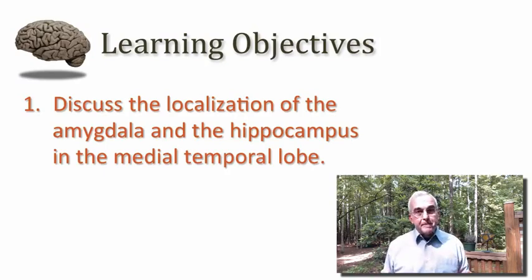So as we'll see, this tutorial will revisit the brain anatomy lab with a focus on looking at slabs that have been cut through the forebrain to reveal the location of the amygdala and the hippocampus in the medial temporal lobe. So I want you to pay special attention to where you would find these structures, and I'd love for you to have a general sense of what these structures actually look like when it is possible to cut into a human brain.